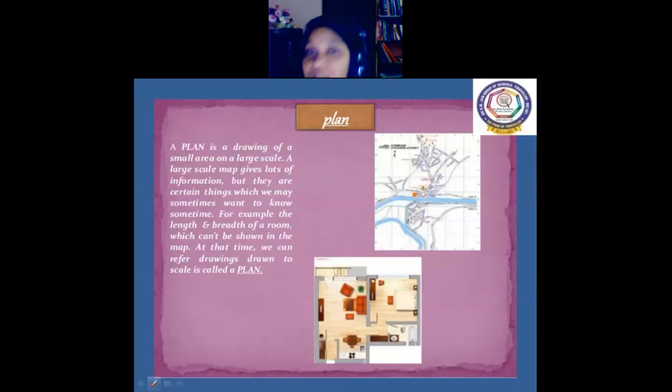See, a plan is very important. A plan is a drawing of a small area first. Even I did this while studying in sixth or seventh standard. If I grow up, I will construct a house like this.